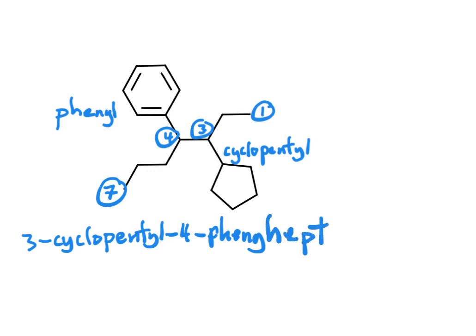H-E-P-T, heptane, A-N-E. So hept for the 7 carbons in the parent chain, A because they're all singly bonded, 4 phenyl for that benzene ring branch off of carbon 4 of the main chain, and then 3 cyclopentyl. So 3 cyclopentyl, 4 phenylheptane again. These names just roll off the tongue once you get used to saying them.